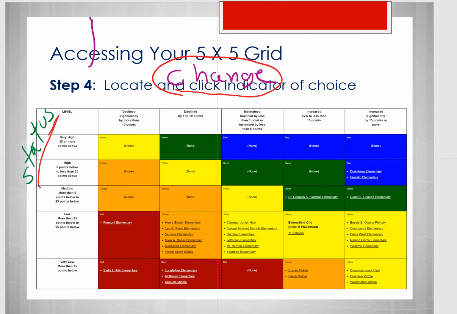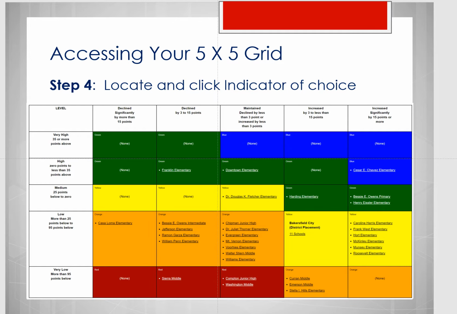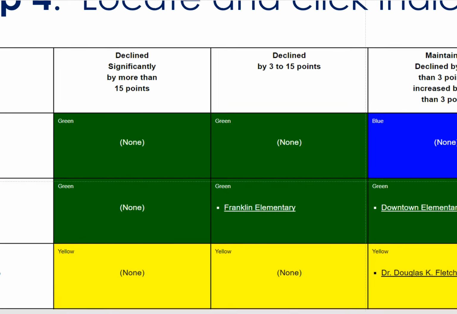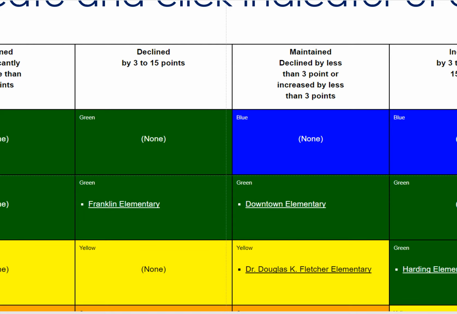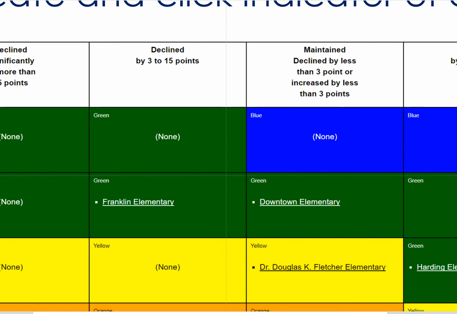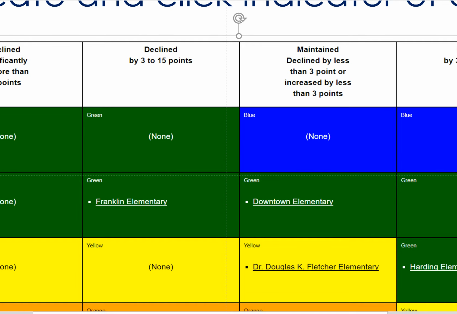One thing I want to note is that what I showed you right there was the spring 2017 release on the 5x5 grids. They have been updated, and they now have these different categories. If you want, I'm just going to highlight one of them so you can see how it's changed. In this particular one, maintained is declined by less than 3 points or increased by less than 3 points. The previous one was all about positive. You had to be positive to maintain.